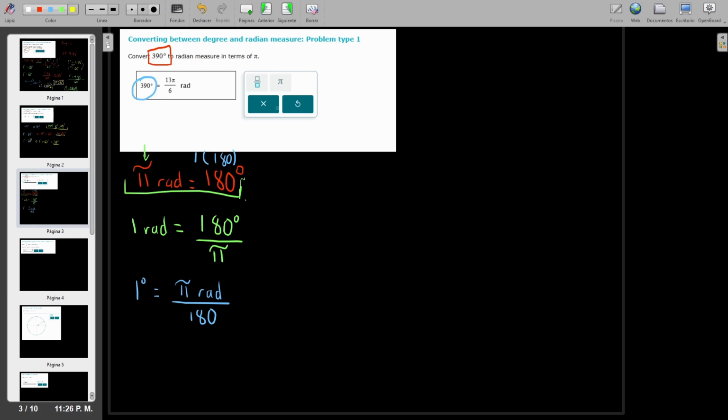I'm going to be writing this here in yellow, 390 degrees. They're asking how many radians. Now we can put this in a rule of 3. Remember, we already have this value. We know that 180 degrees over pi equals 1 radian.